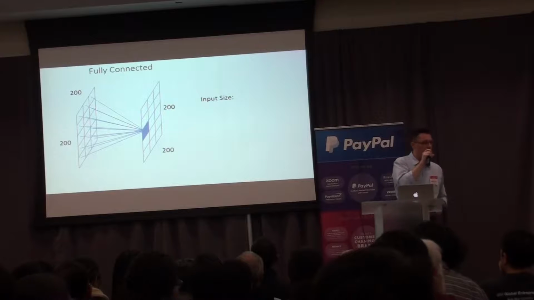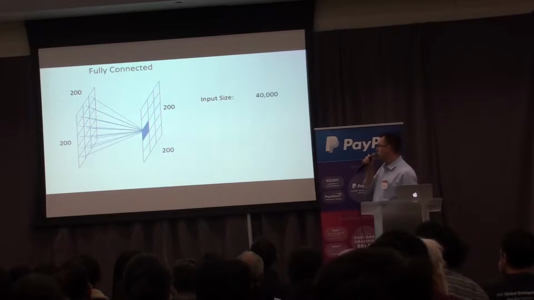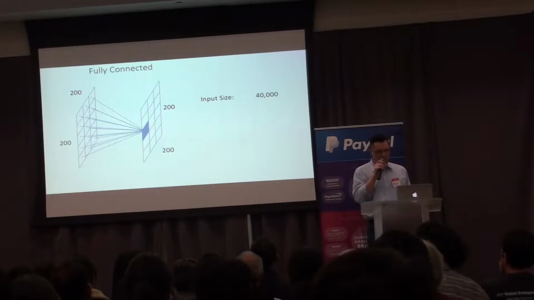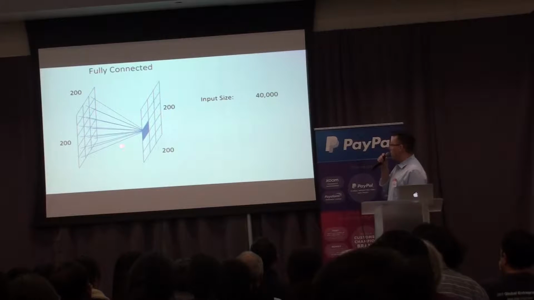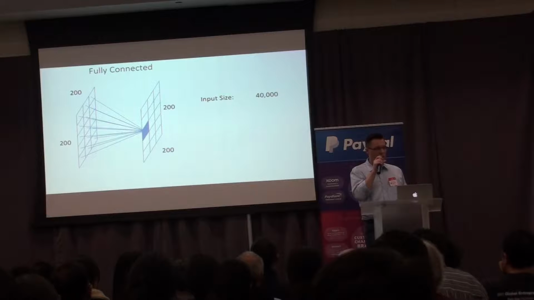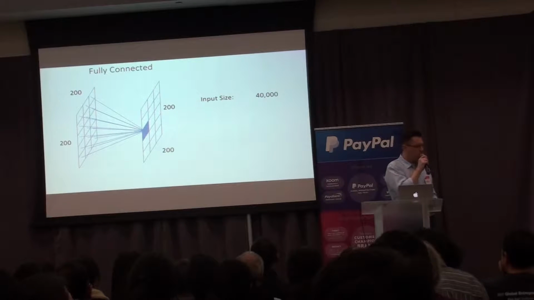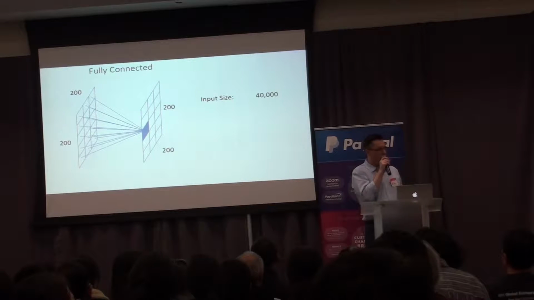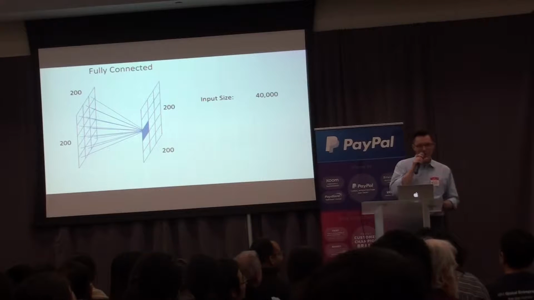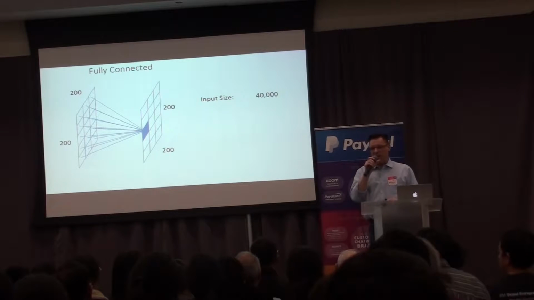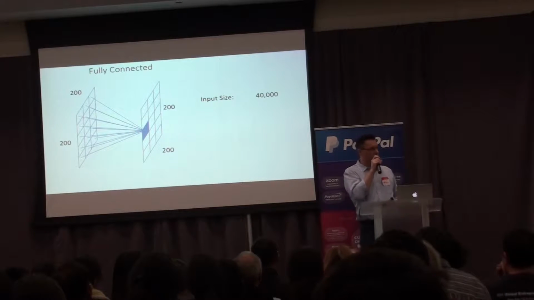How many? 40,000. All right. So we got 40,000. Now we want to calculate the next layer, which will be again 40,000, right? And I didn't ask the question yet. So what question would have an answer of 1.6 billion?